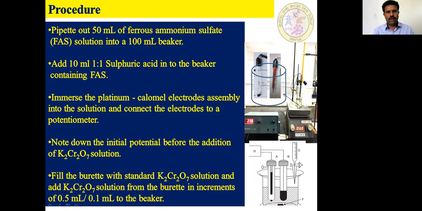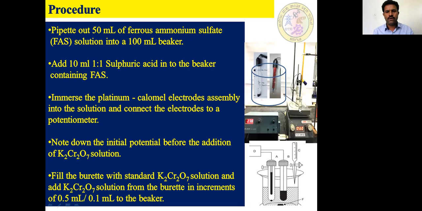So I will brief. First, we should take a beaker and pipette out a known volume, 50 or any volume, of ferrous ammonium sulfate solution into that beaker, and then add about 10 ml of 1:1 sulfuric acid solution into the beaker to maintain acidic condition. Then we should immerse 2 electrodes, that is the saturated calomel reference electrode and platinum indicator electrode, into it, and these 2 electrodes are connected to the potentiometer.